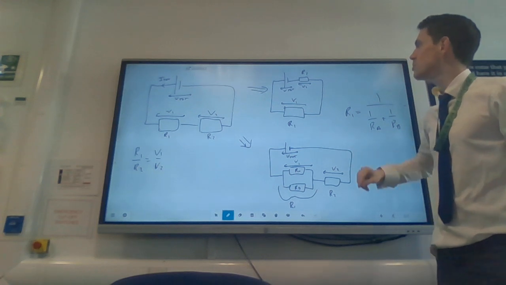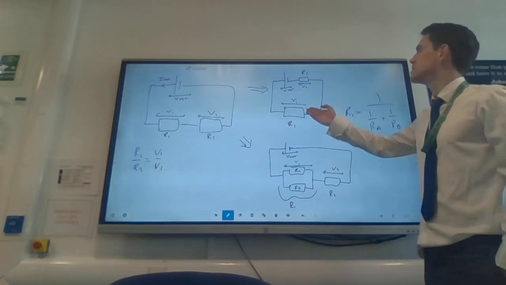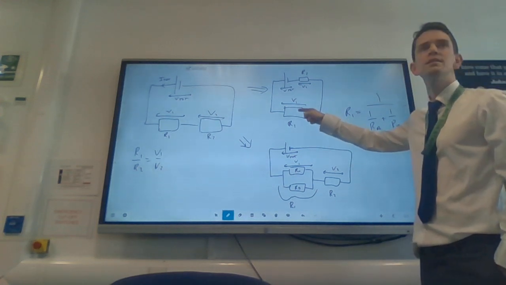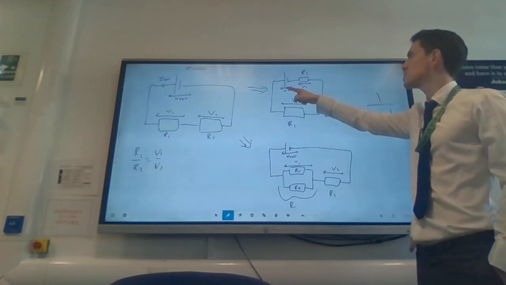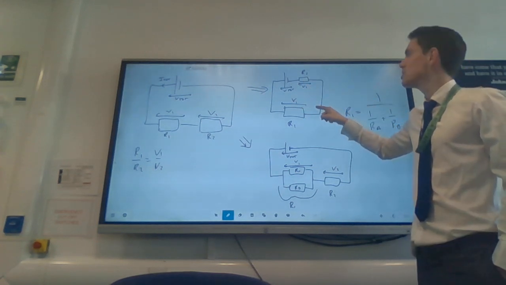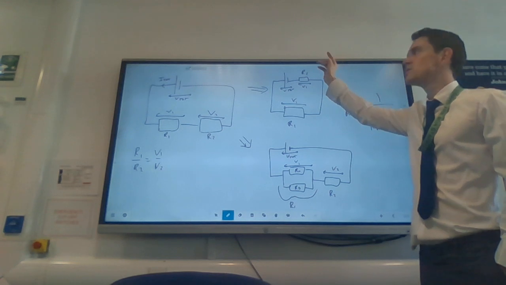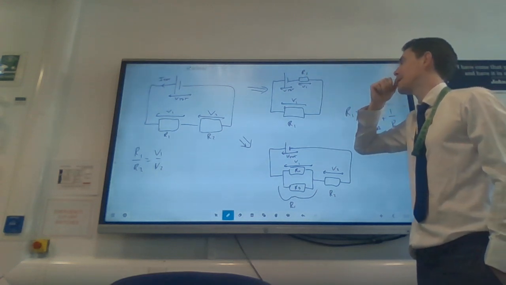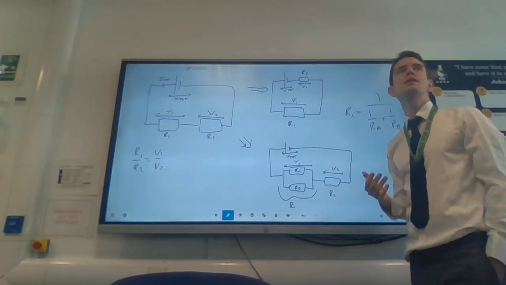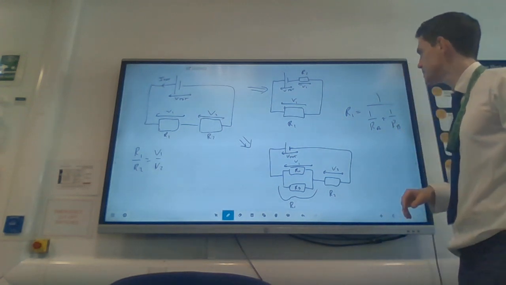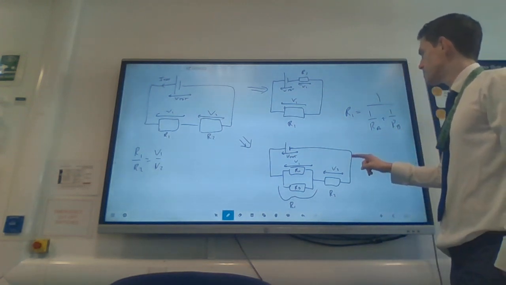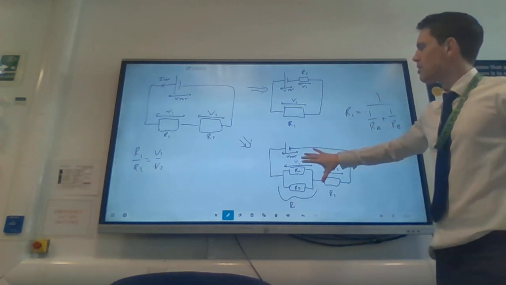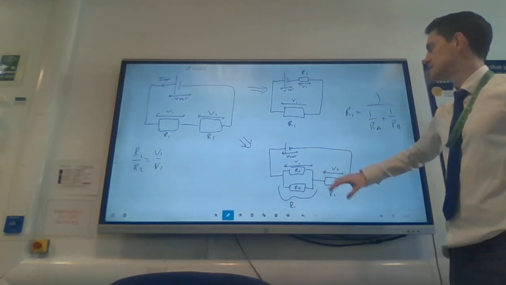So for example, if I decrease the resistance on this, total circuit resistance goes down, current goes up, lost volts increases, and that might affect something like dissipation or whatever. Right, I'm going to talk about explaining with this guy here.